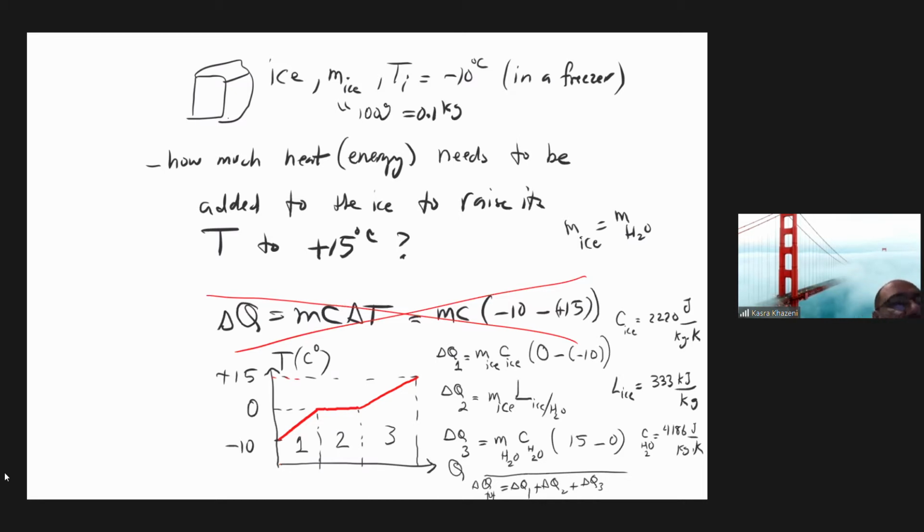So you can't just use these equations without getting into the details of what is really happening physically. Physically, it starts melting at around 0 degrees C, and after it melts, the heat you add will raise its temperature. But before that, it's just changing its state from a solid to a liquid. Okay? Is this clear? All right.